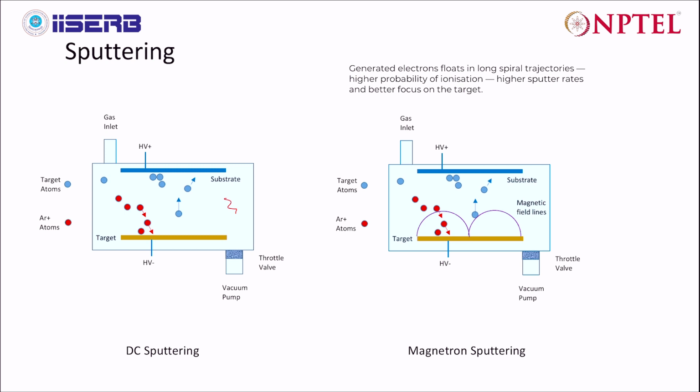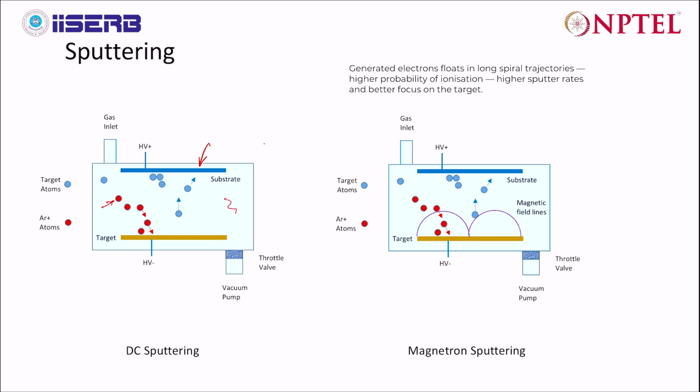So you put a gas inside, and then you create a plasma, and then the energized atoms, shown here as red atoms, hit the target, and then the material that you want to deposit starts depositing on the substrate.